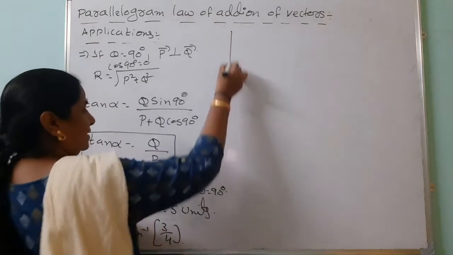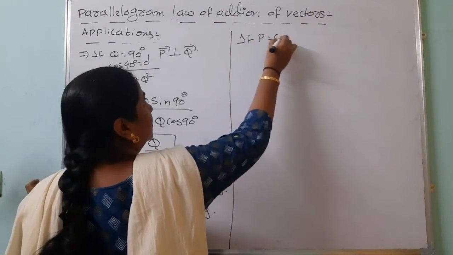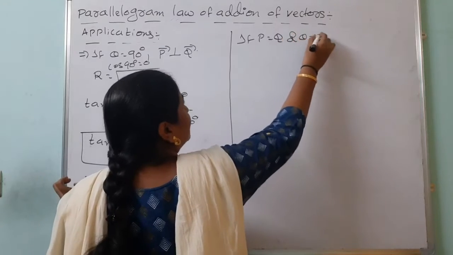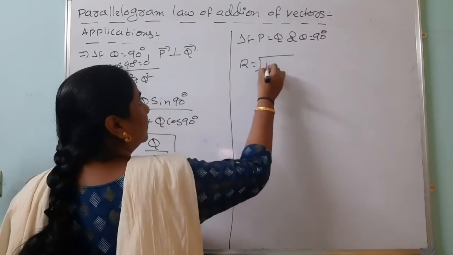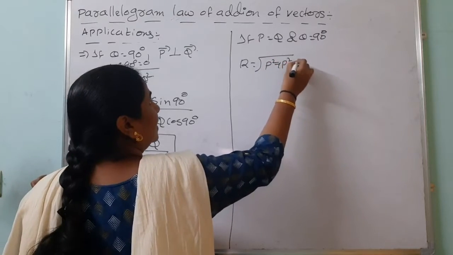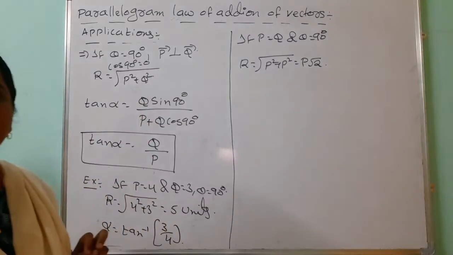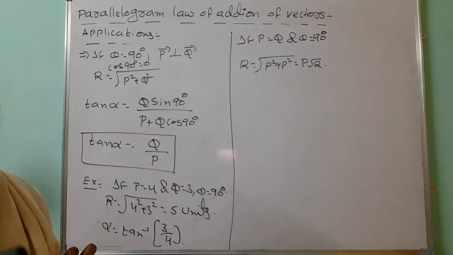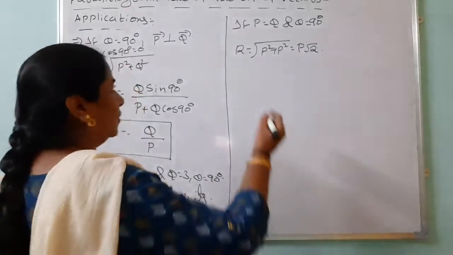In this case, look, if the question says P equals Q and theta equals 90 degrees, then the resultant is under root P square plus P square, which is P root 2. We do one problem based on this.